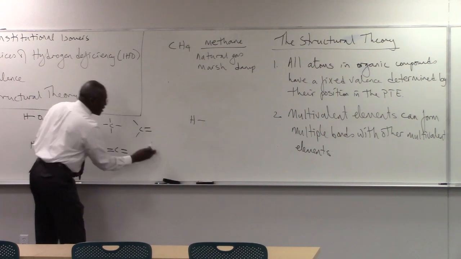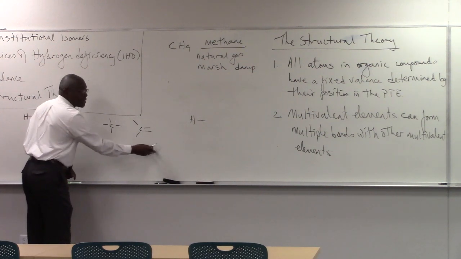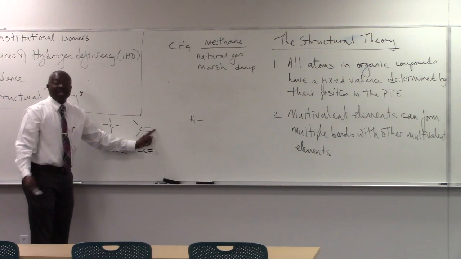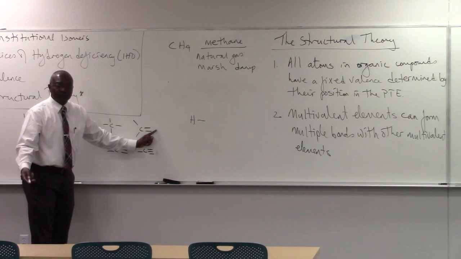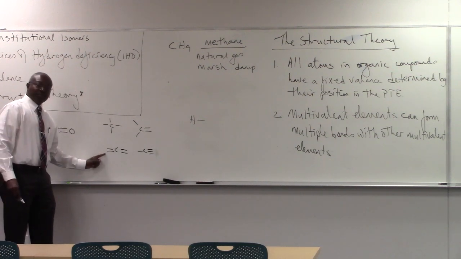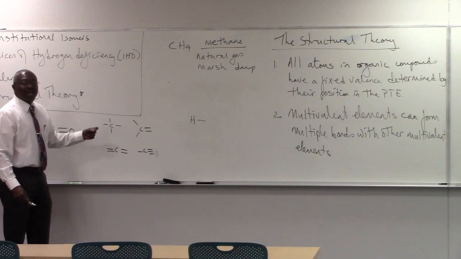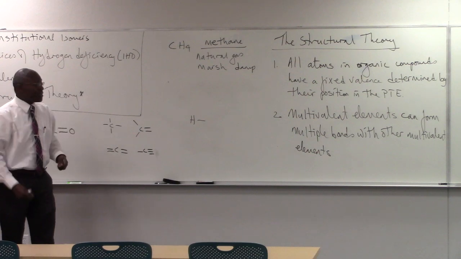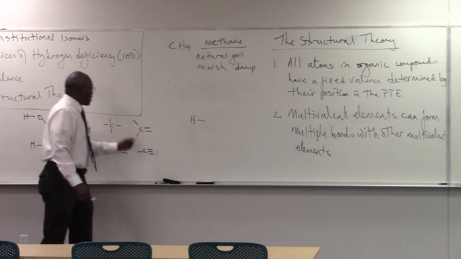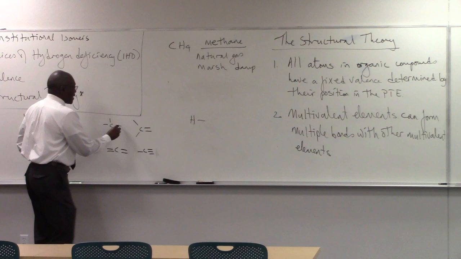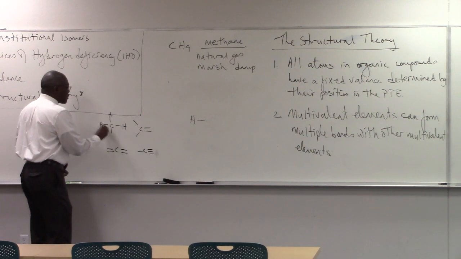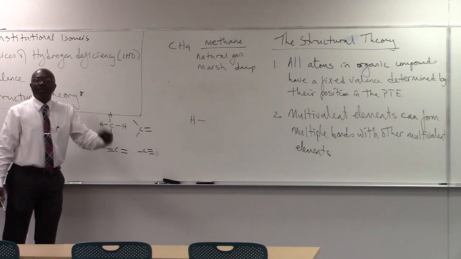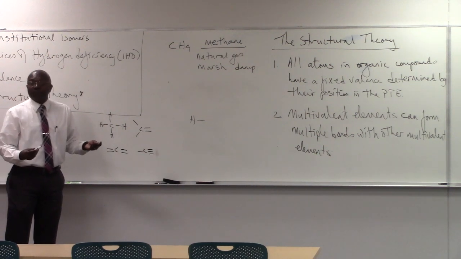I can put an H here, that will be okay, but I can't use that sign, so this is out. Can't use the H here for exactly the same reason. H can't be divalent. This is completely out. The only option that connects a carbon in one of its valence iterations and a monovalent H is this one. So I can stick an H, an H, an H, an H, and that is a reasonable structural formula of methane. And it turns out to be the correct one.